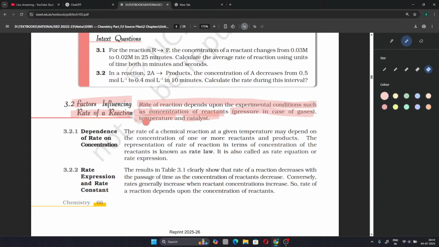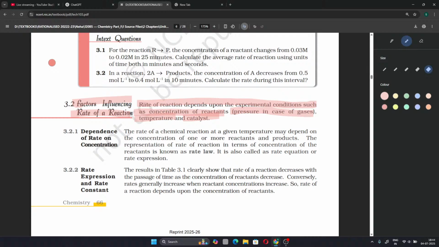A catalyst does participate in the reaction, but it is not present in the products or on the reactant side. It controls the rate of a reaction. I'm not sure if it can decrease the rate, but basically a catalyst is used for increasing or amplifying the rate of the reaction.